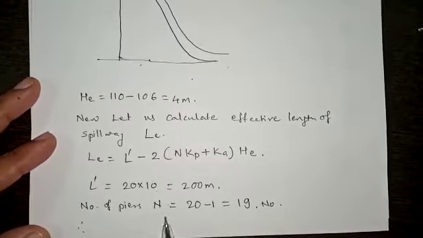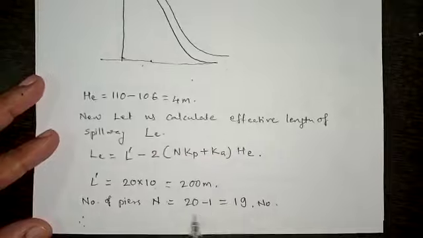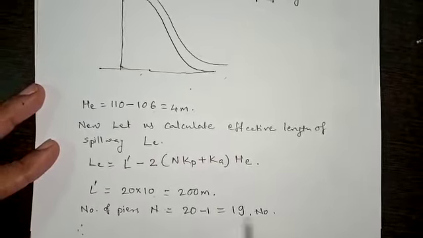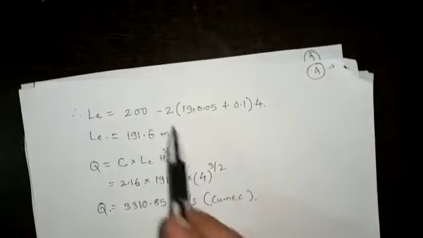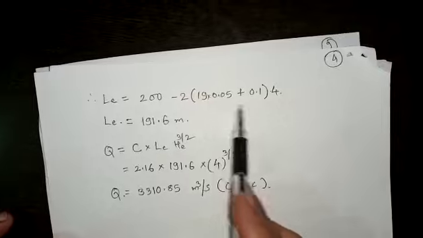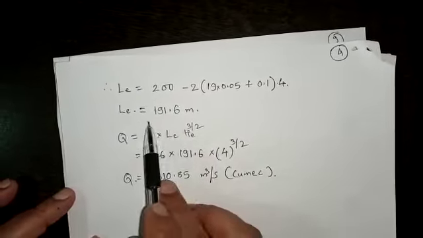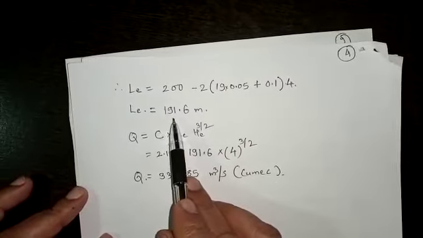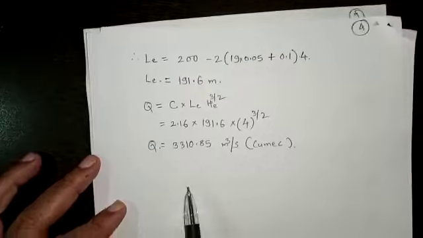Now the number of piers N, as we have discussed, will be equal to the number of spans minus 1, which comes out to be 19. Therefore, by putting the various values in the equation for effective length, the effective length of the spillway comes out to be 191.6 meters.